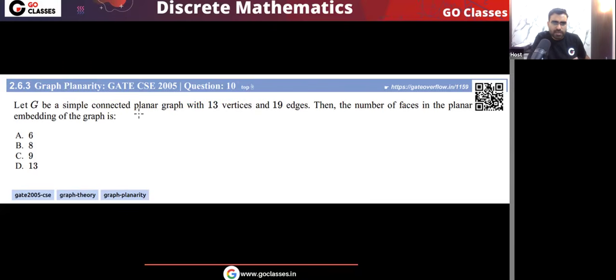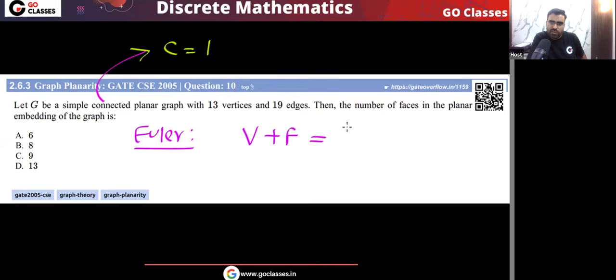Let G be a simple connected planar graph with 13 vertices and 19 edges. The number of faces in the planar embedding, the planar representation of this graph. See, connected is already given to you. It means C is equal to 1. So you can apply the Euler formula. The Euler formula says that V plus F is equal to E plus C plus 1.